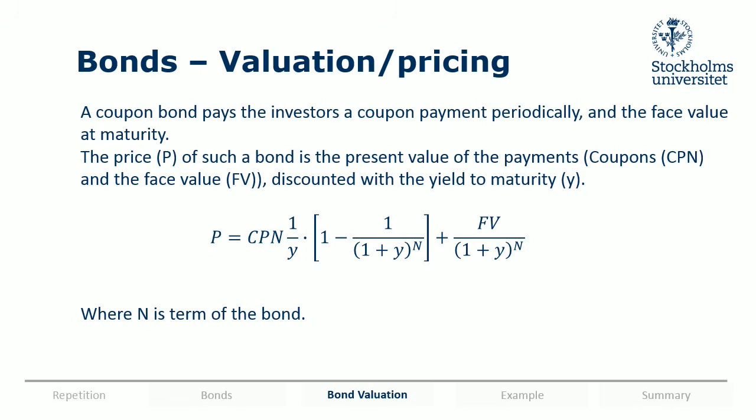And for some reason they call yield to maturity a small y instead of YTM when it's a coupon bond. It doesn't matter, you can call it whatever you like. But the formula looks like this.